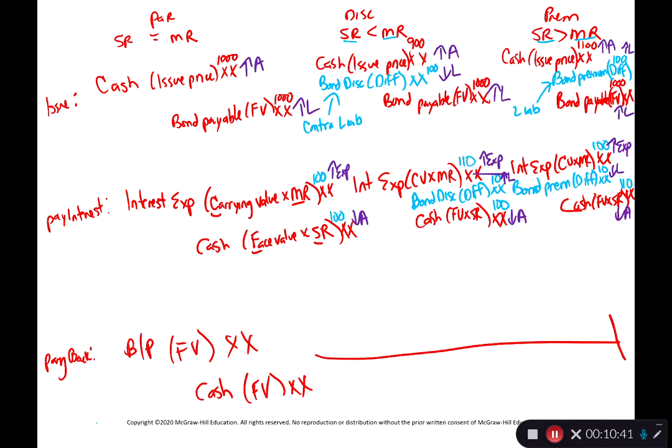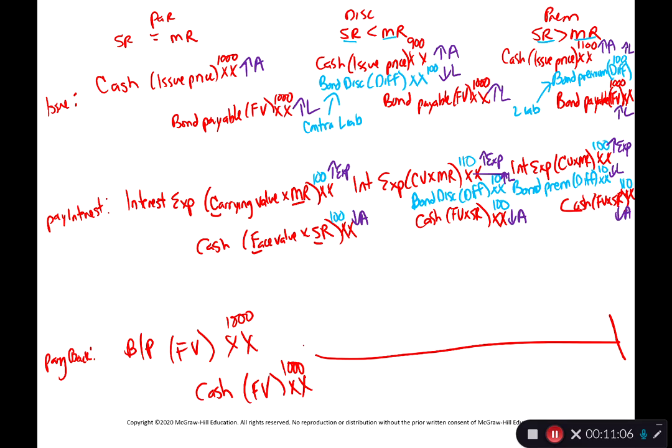And our number is going to be the face value, which is 1,000 in our example that I made up. So no matter what, when all is said and done, we always pay back the face value of the bond. Whether it's a bond issued at a discount, a premium, or par, we always end up paying back the same amount. So again, this is the one-stop shop for all of our bond stuff.